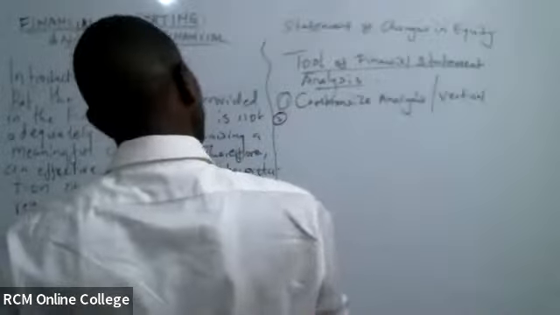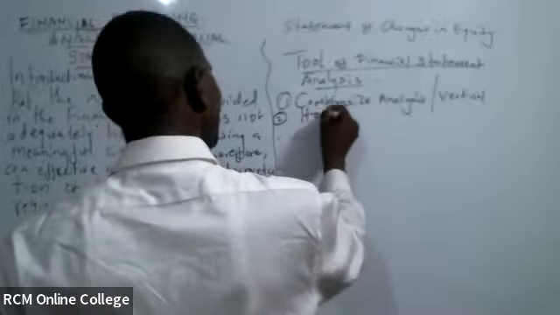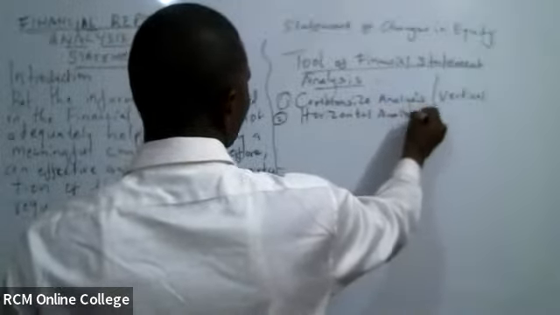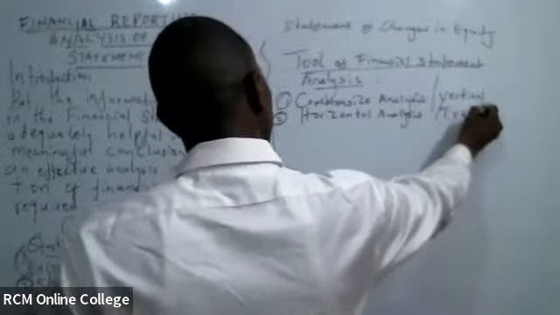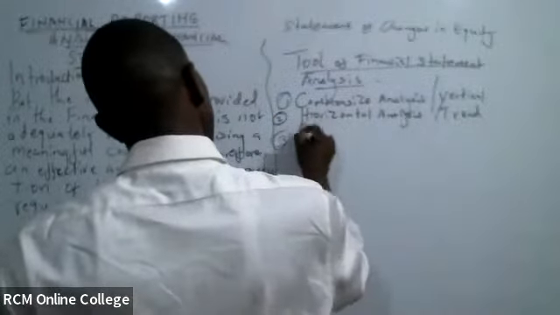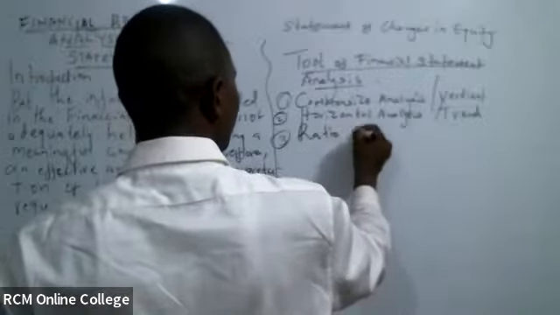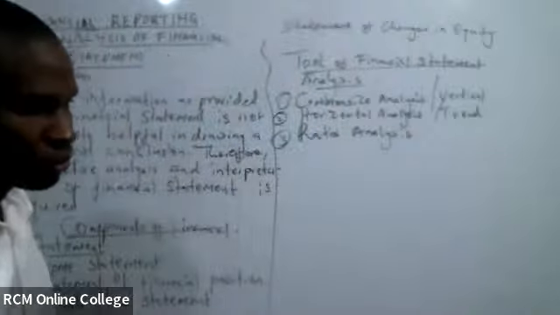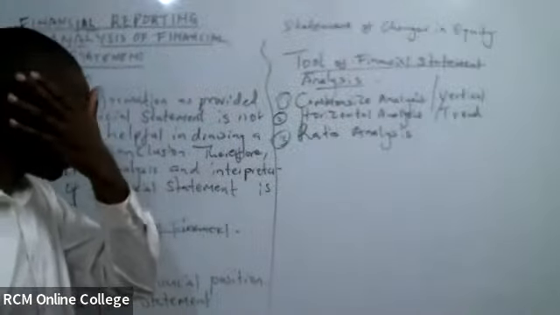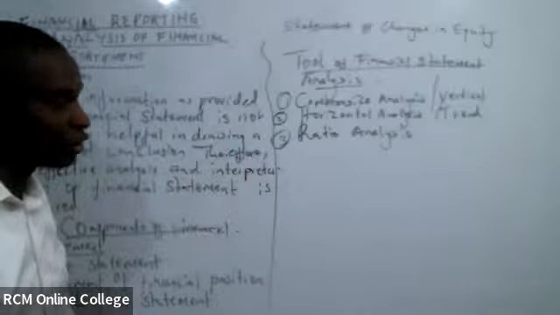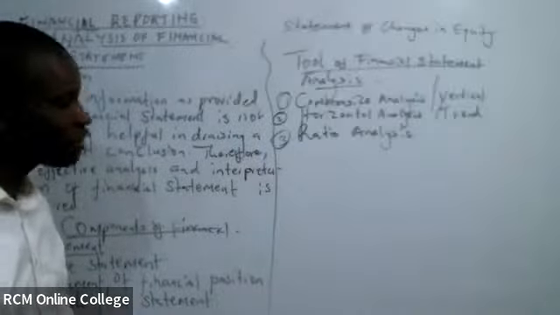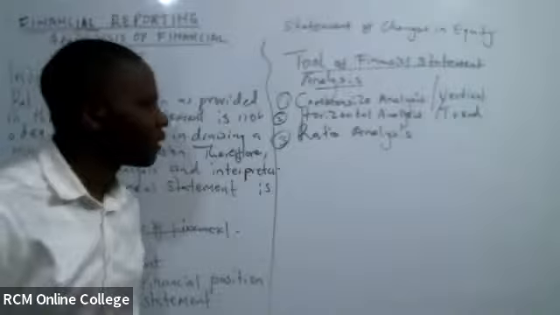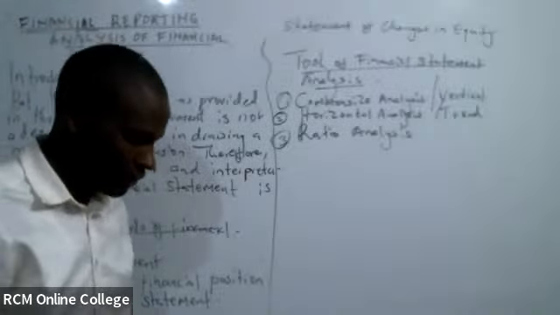Number 2, we have horizontal analysis, also known as trend analysis. Number 3, we have ratio analysis. So these are the 3 tools that we shall be using to analyze the financial statements. Even an examiner will ask you to analyze the financial statements using common size analysis, horizontal analysis, or ratio analysis.